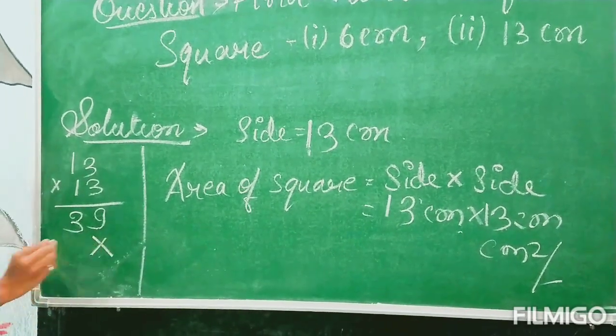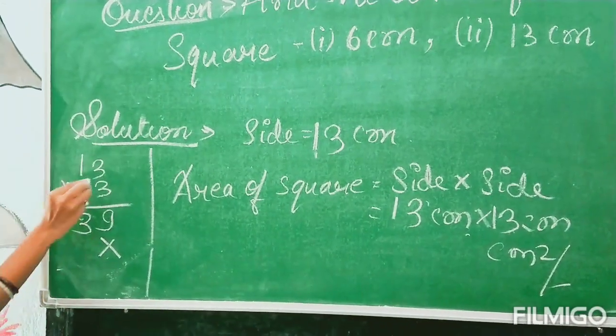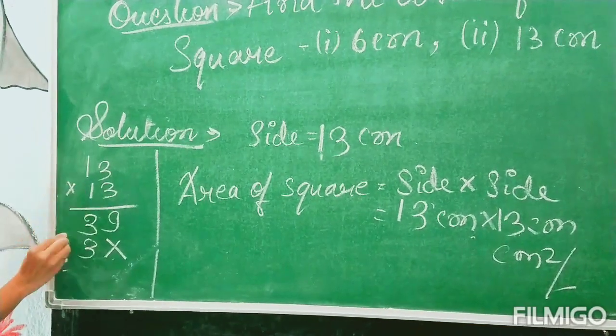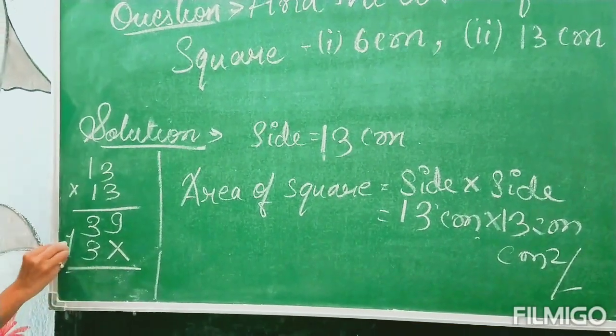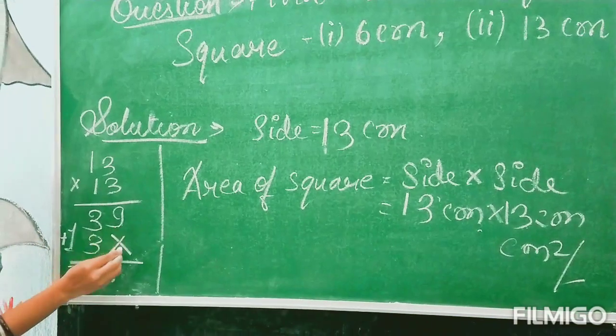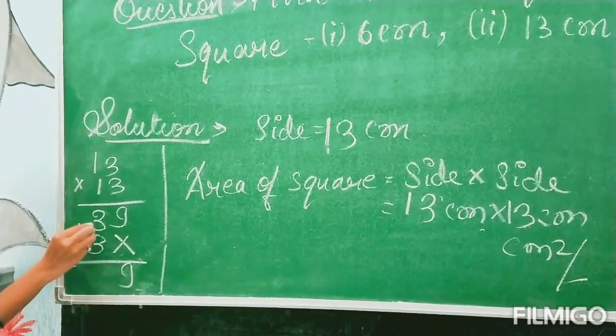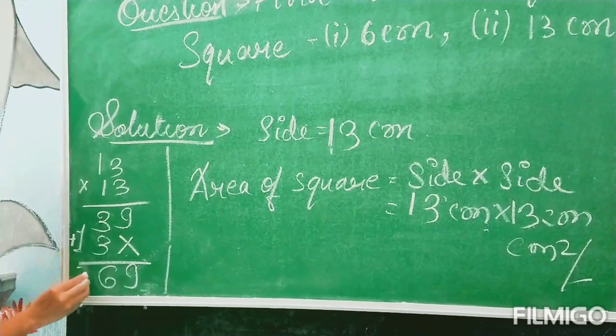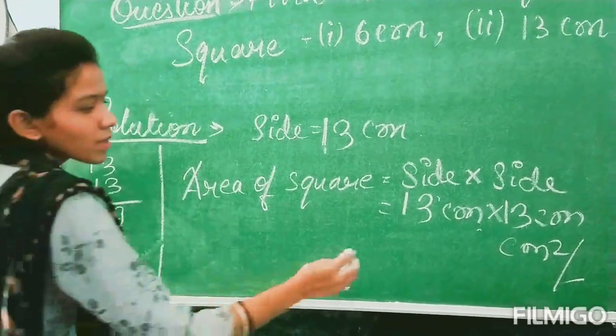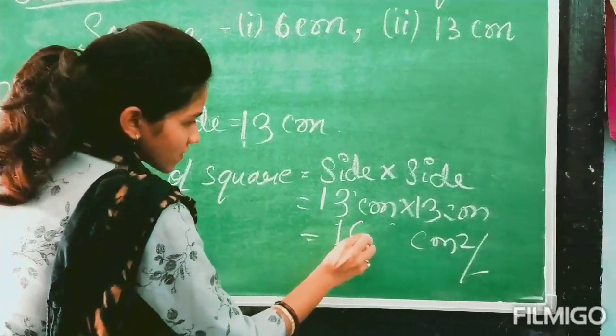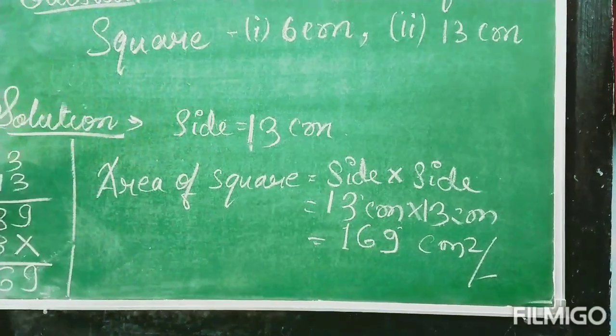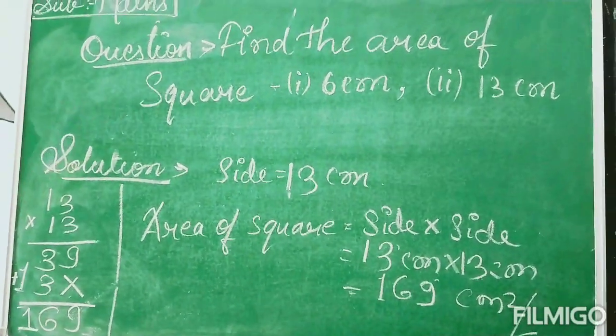Then put the multiply on the 9. 3 1s are 3, 1 1 1. Then you can take the plus. 9 plus 0 is 9. 3 plus 3 is 6 and 1 remaining. Answer is 169 centimeter square. This was a question of square.